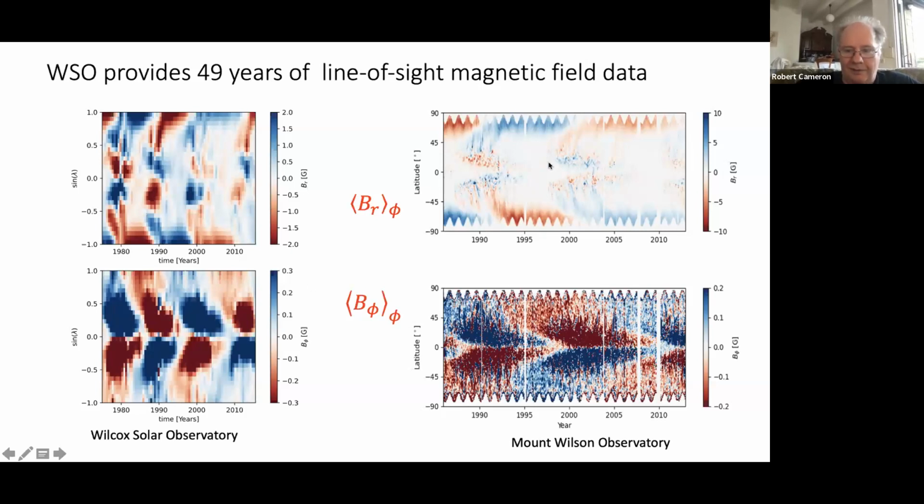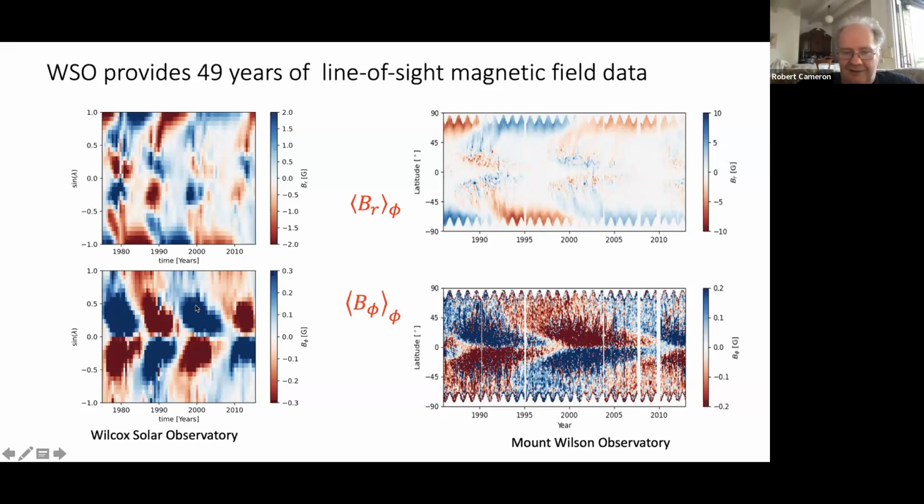We're all more or less familiar with the radial field maps at the top, but very important as well for understanding the solar dynamo is this azimuthally averaged phi component of the field shown at the bottom.